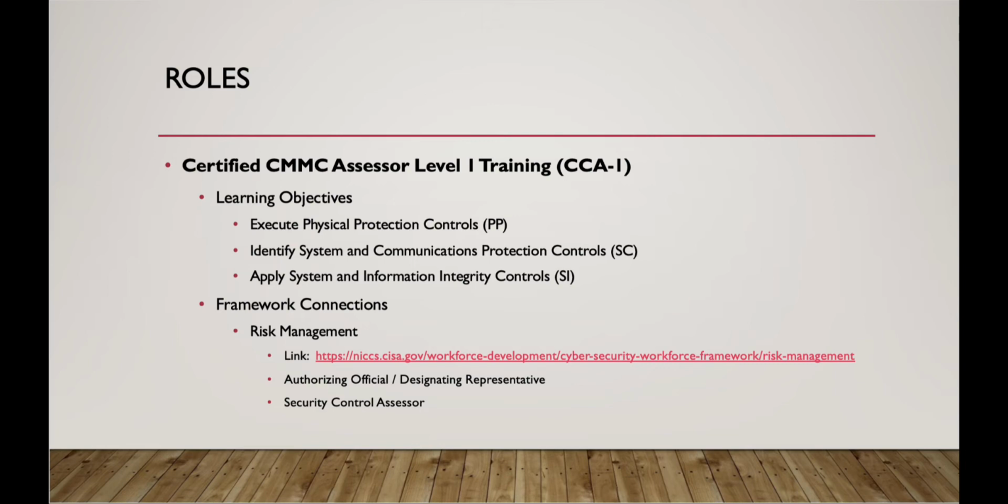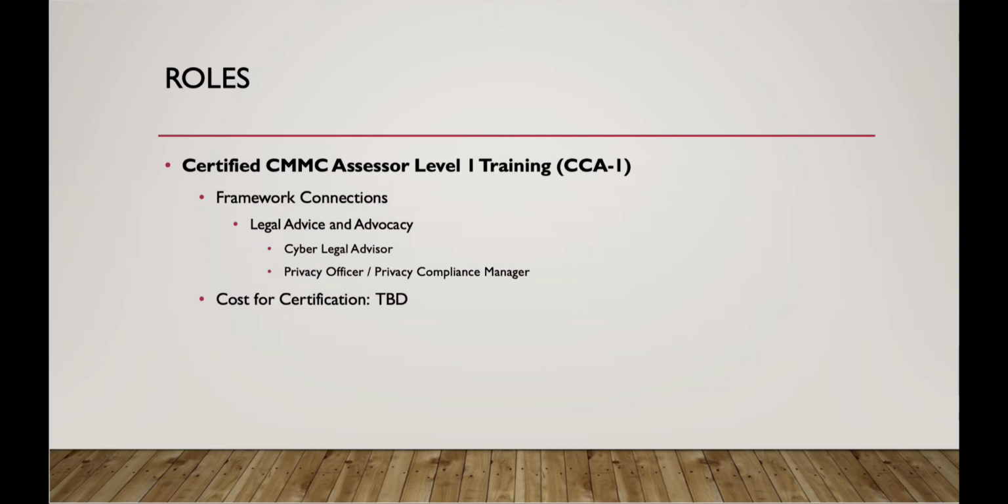So there are about 6 different objectives that you'll have to meet as a level 1, and the CCA1 will evaluate those. There are different frameworks that they utilize, and as you go to the YouTube channel, you'll be able to see where that's located. But there are various aspects that you would have to manage as a CCA level 1.